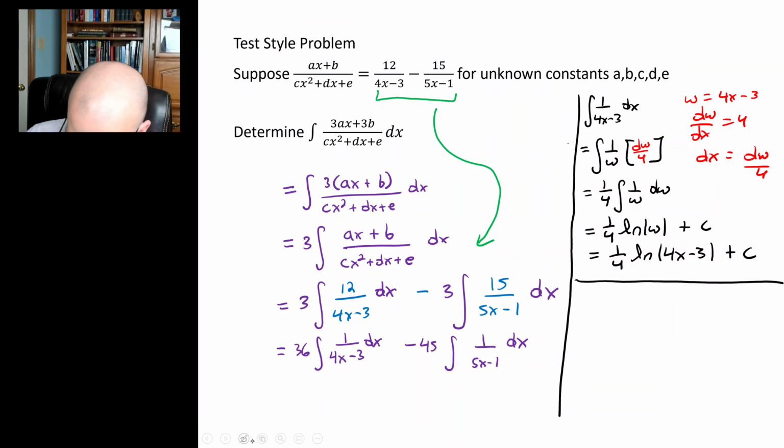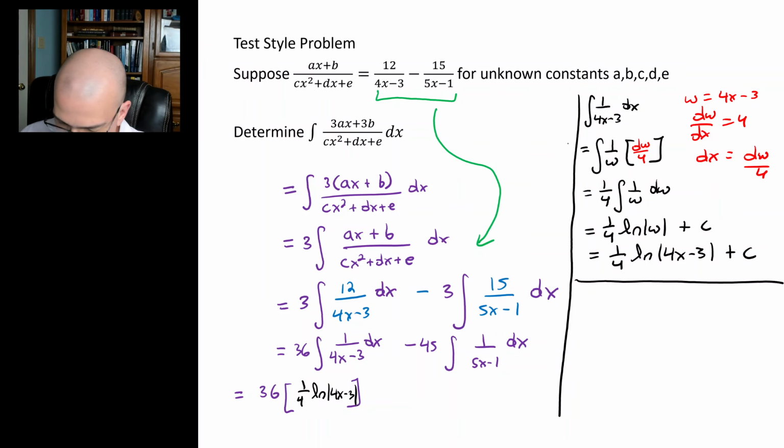So that's the first piece. 36 over 4 ln absolute value of (4x - 3). So 9 ln absolute value of (4x - 3).